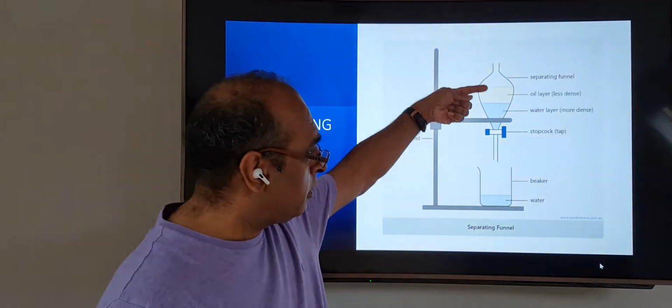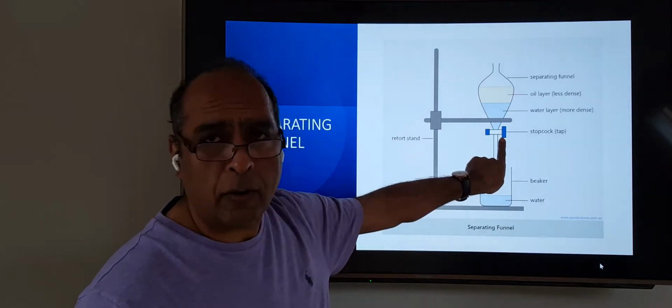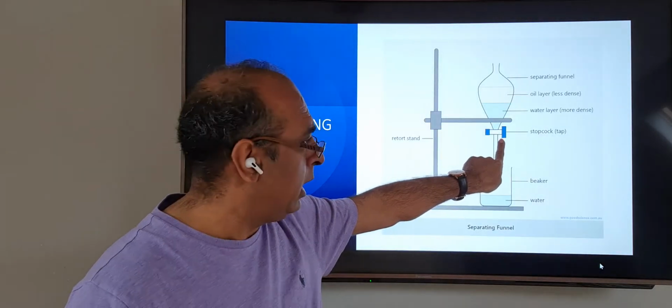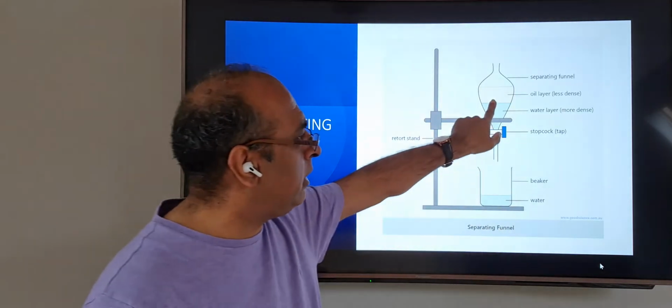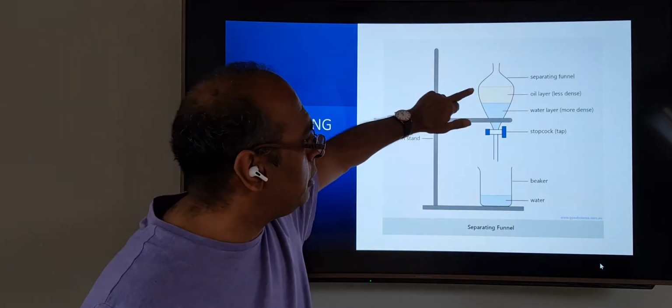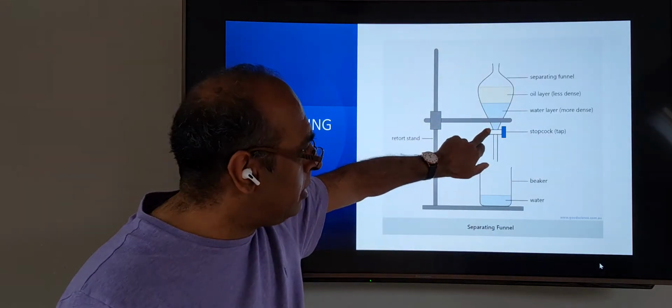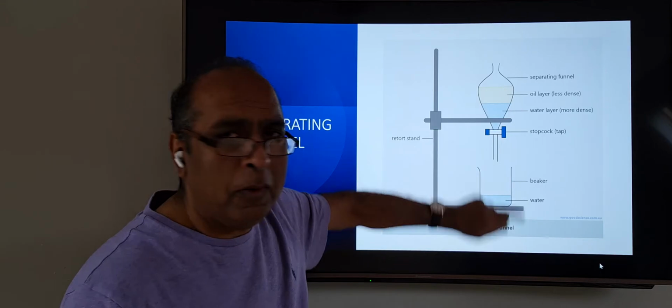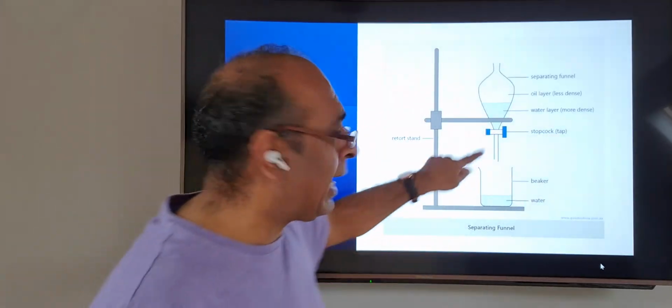So if you had oil and water, you would open the stop tap, open it, let the water run out. You can see the layer reducing. You can see the oil layer getting closer to the stop tap. You can stop it almost exactly down to the last couple of drops. Accuracy.